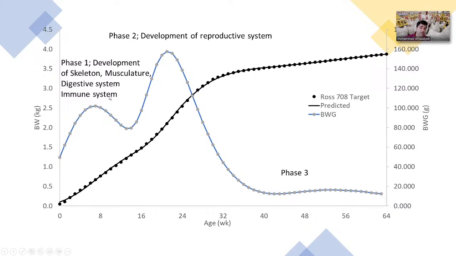It means that we need to be really careful, especially during the first week, because the first week of broiler breeder management is really crucial, because you are going to build the fundamentals of the bird, which are the immune system and digestive system.